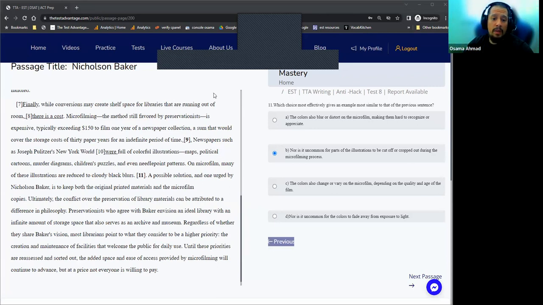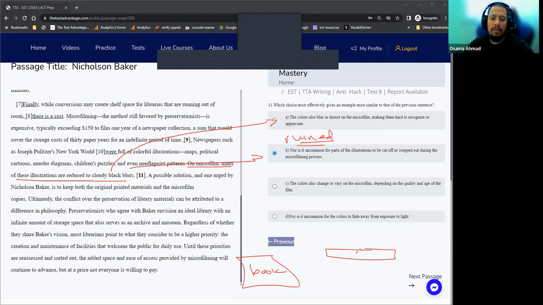The whole idea is that on microfilm, many of these illustrations are reduced to cloudy black blurs. We can say either A or B, because the whole idea is that the picture is ruined, or when you take the picture from the book to the microfilm it gets ruined. So both of these indicate that, right? One makes it hard to recognize it. Unfortunately, I need to update these questions.